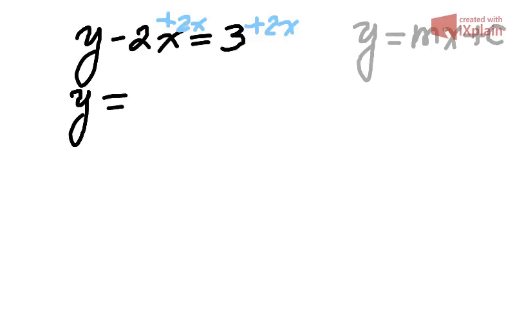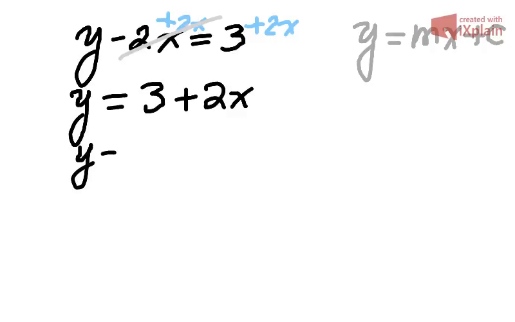So on the left hand side, 2x minus 2x is 0 and disappears. On the right hand side, we have 3 plus 2x. We can even rewrite this to look like the gray one: 2x, x term at the front, plus 3 independent term at the end.